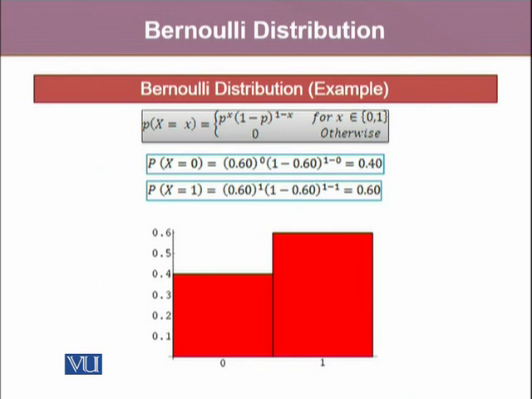Similarly, this can also be described using a histogram, where on the x-axis we have the possible values of a random variable, and on the y-axis we have the probability of X. From here, we can see that when X takes value 0, the probability is 0.4, and when X takes value 1, the probability is 0.6.